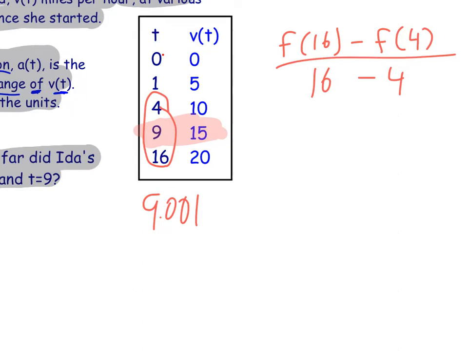Now clearly, if we are using a delta x of 0.001, that's going to be a much better estimation of the derivative than using points that are so far away, like between here and here, that's 5, and between here and here, that is, I believe that's 7 miles per hour. So, I mean hours. So that's a big difference between that and 0.001.